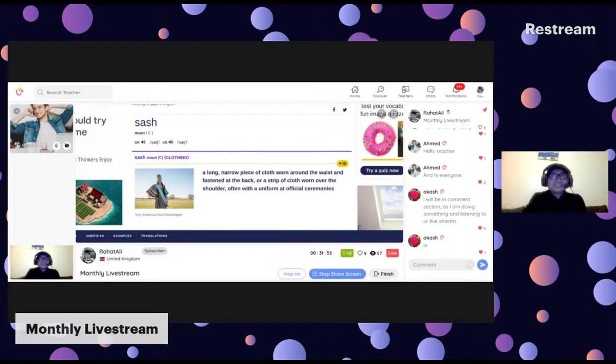Okay. It is fastened, not fastened. Here, the T is silent. Fasten. A long, narrow piece of cloth worn about the waist and fastened at the back, or a strip of cloth worn over the shoulder.